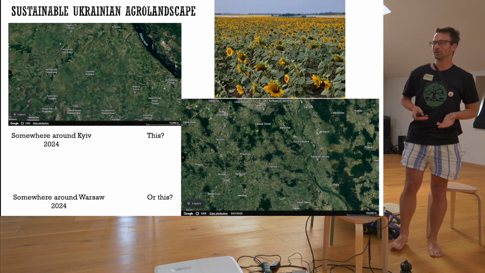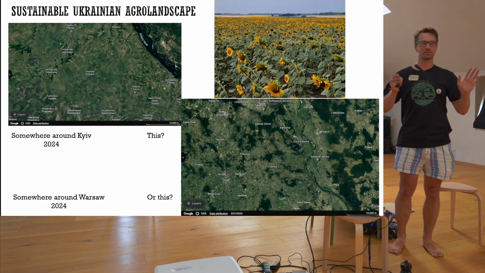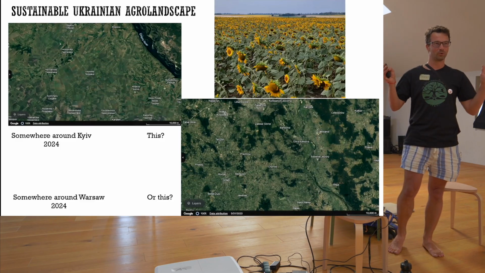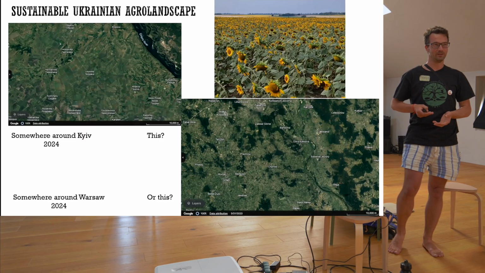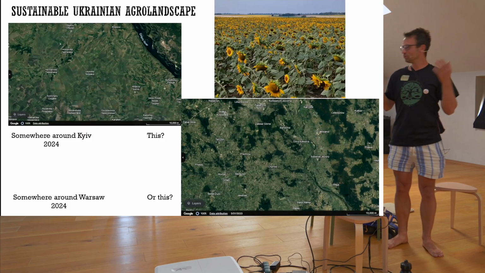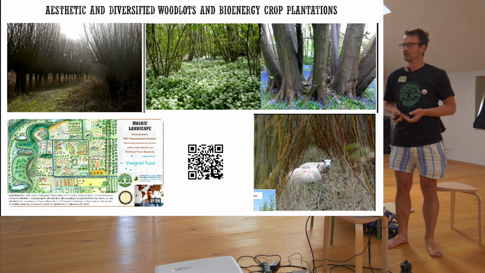Even when I talk with my academic Ukrainian colleagues, they say, okay, after the war we will restore all the land and we will feed all Europe. Any country from this region can easily feed all Europe. Europe does not want to be fed by Ukraine. So we need to reduce food production and grow something else on this land.